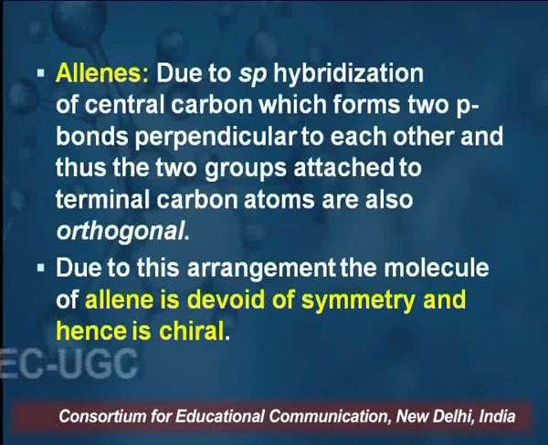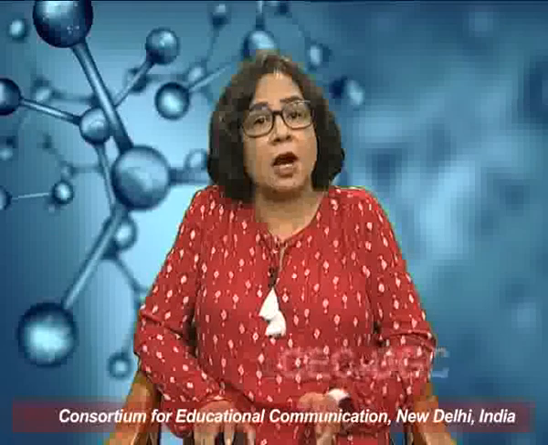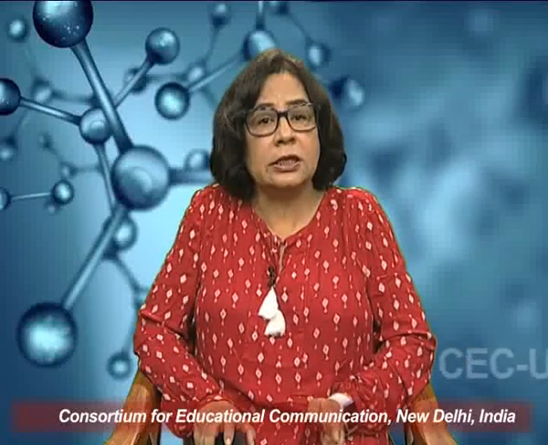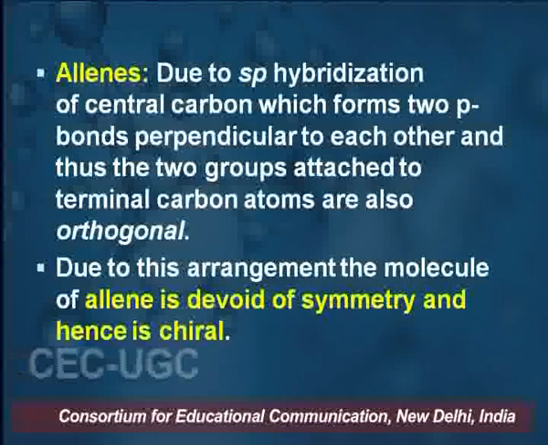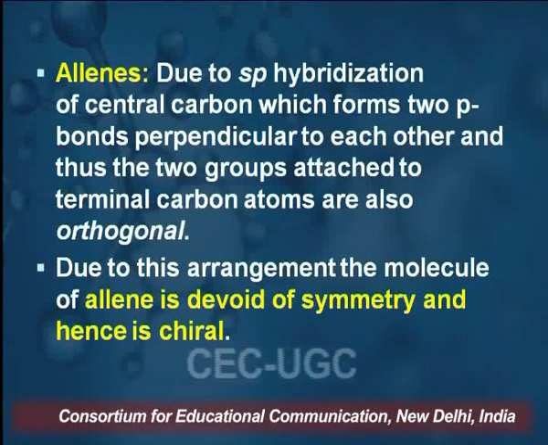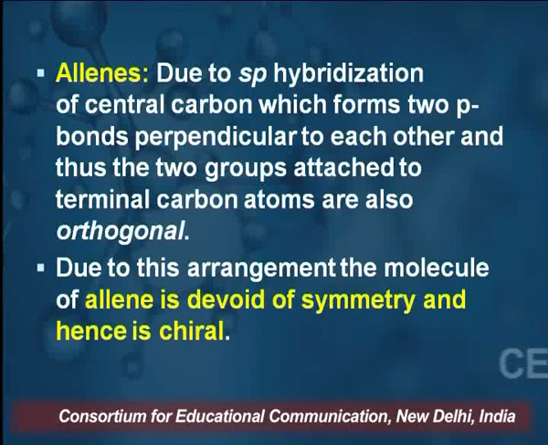Now let us take an example of allenes, which do not have a chiral carbon. Due to sp hybridization in allenes, the central carbon atom forms 2 pi bonds, those pi bonds are perpendicular to each other, and the 2 groups attached to the terminal carbon atoms are also orthogonal.